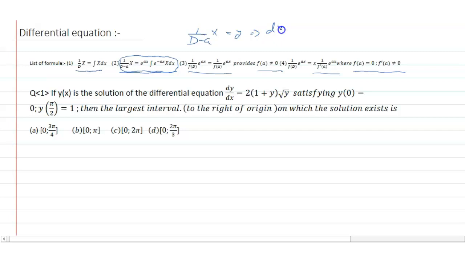Try to understand the formula: dy/dx - ay = x, and the integrating factor is e^(-ax). So y e^(-ax) is equal to the integration of x e^(-ax) dx.